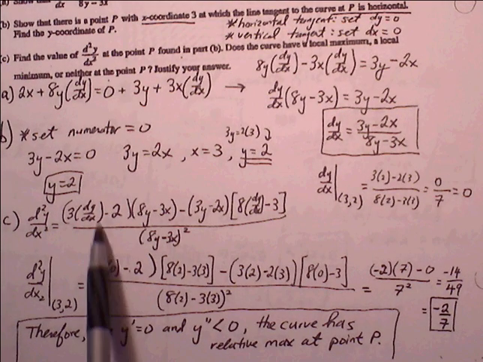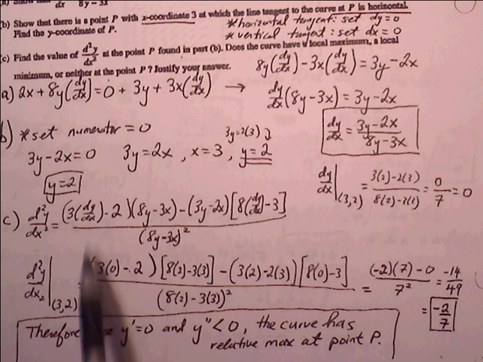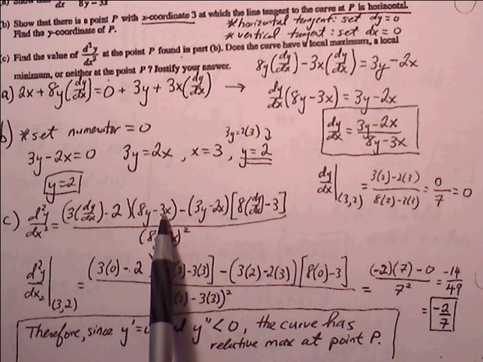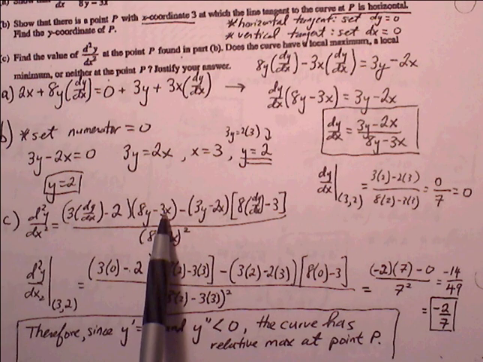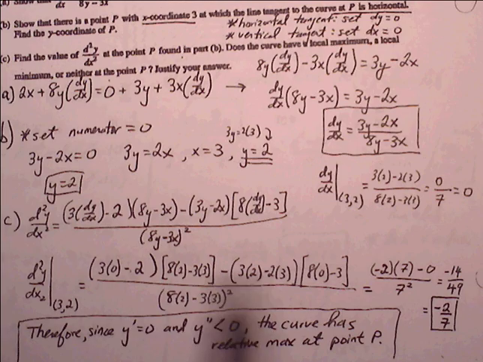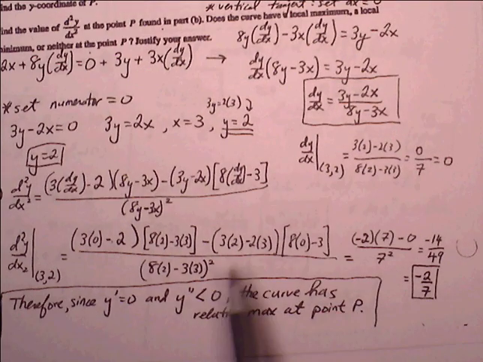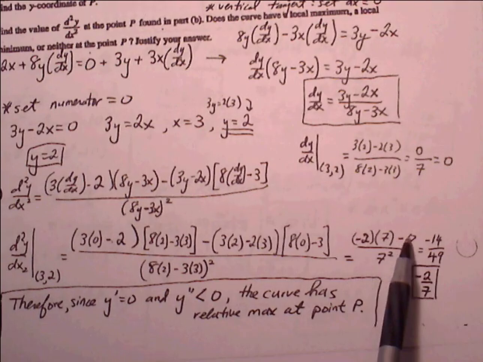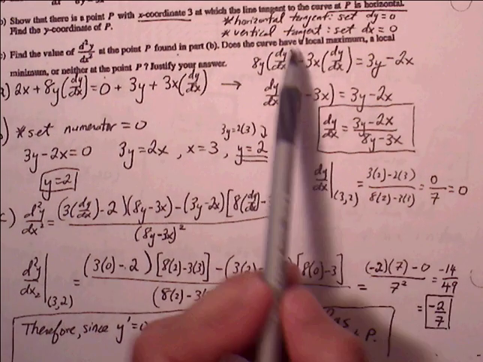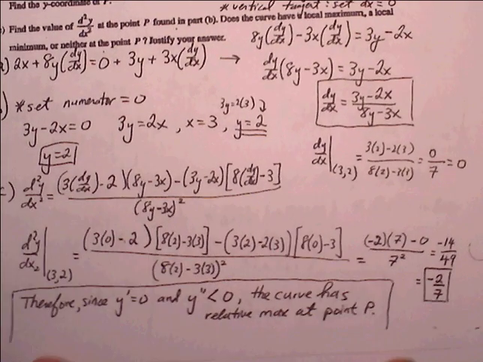So if we plug in 0 for all dy/dx's, x replaced with 3, and y replaced with 2, and work all this through, it's a little messy, we'll get negative 14 over 49, or negative 2/7. That is the answer for the value of d2y/dx2.